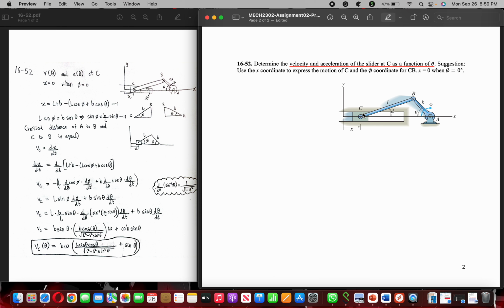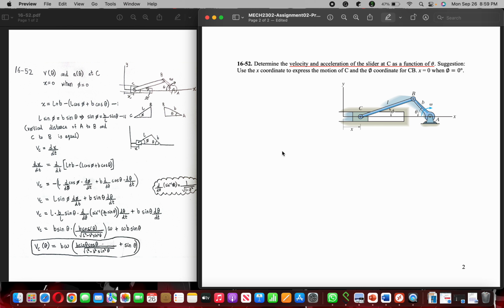And it says use x coordinate to express the motion of C. C moves along this horizontal guide, and use the angle phi coordinate for CB, and x is equal to 0 when this angle phi is equal to 0.